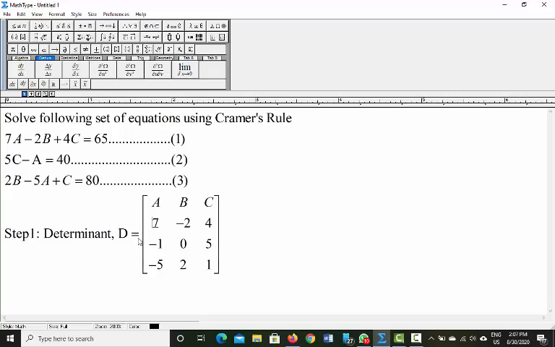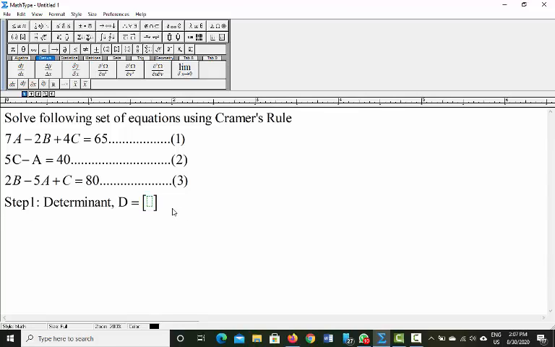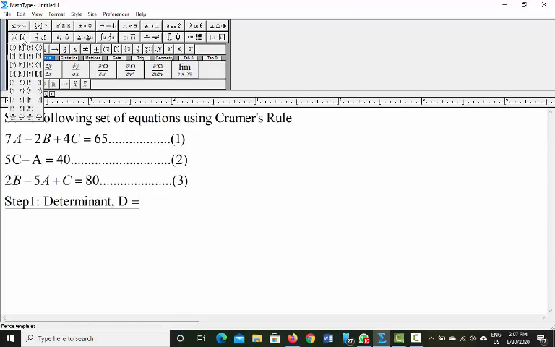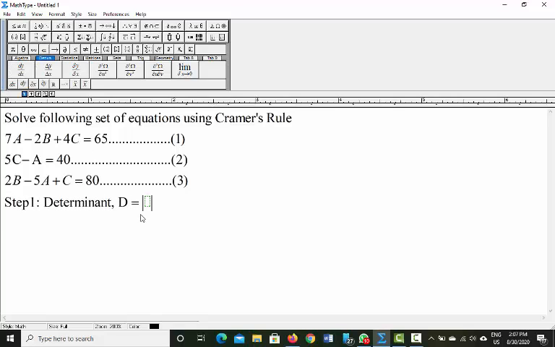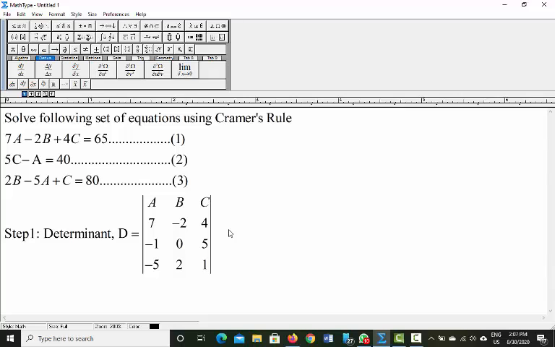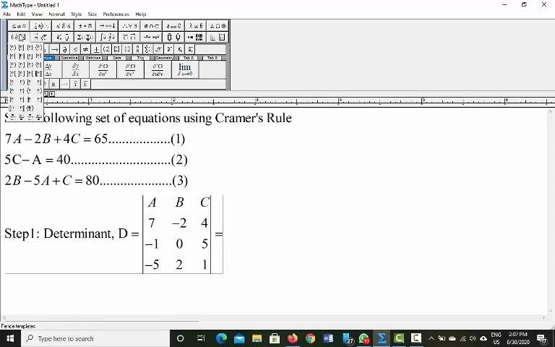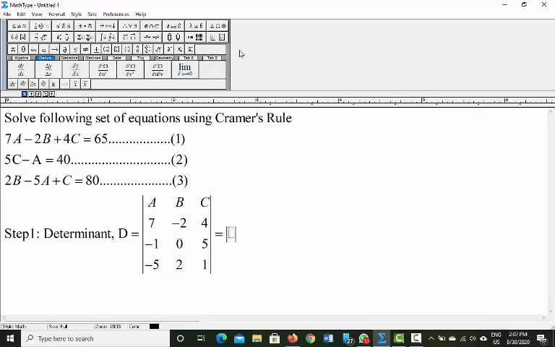So we need to find the determinant of this matrix. As you can see, this is a 3 by 3 matrix.